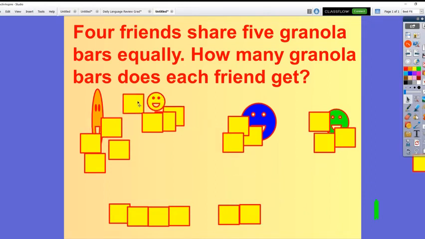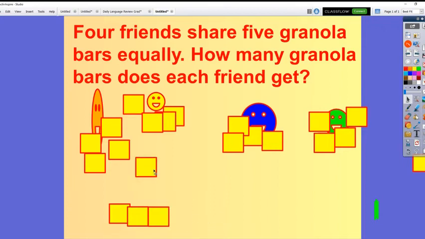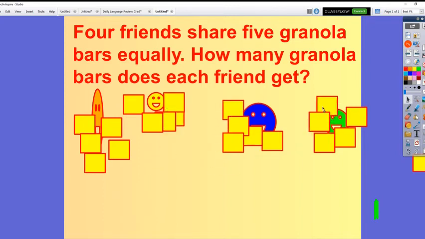And now I have another granola bar to still share. 1/4 for you, 1/4 for you, 1/4 for you, and then 1/4 for you.